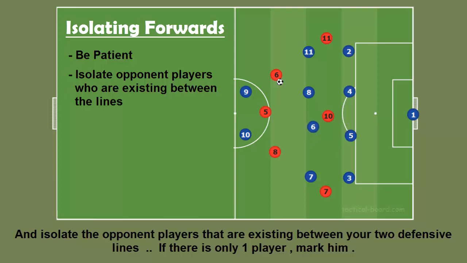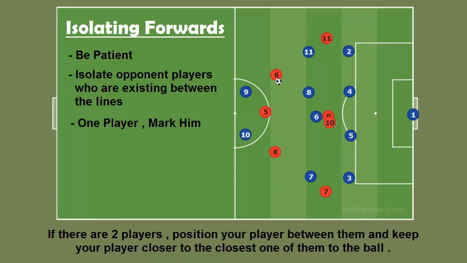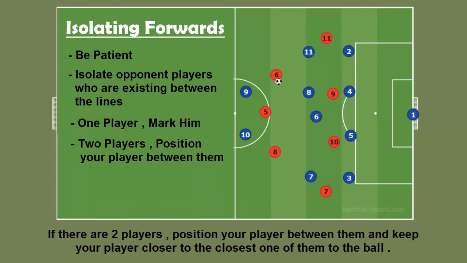If there is only one player, mark him. If there are two players, position your player between them and keep your player closer to the one closest to the ball.